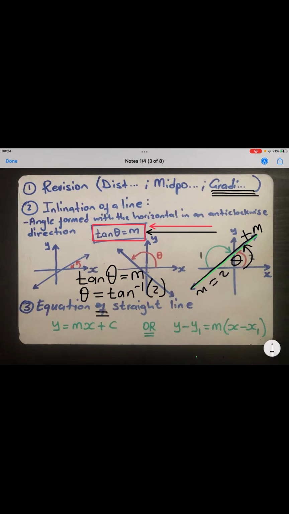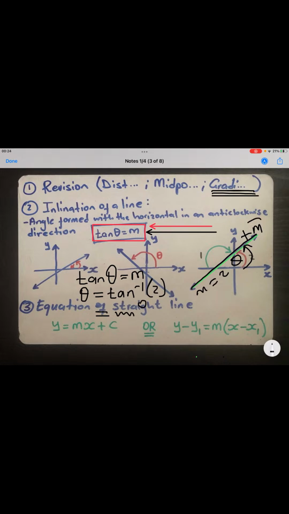Acute angle meaning an angle which is falling in the first quadrant, less than 90, between 0 and 90. Yes, we call those acute angles. I hope that makes sense. So that's when you are dealing with a positive gradient.